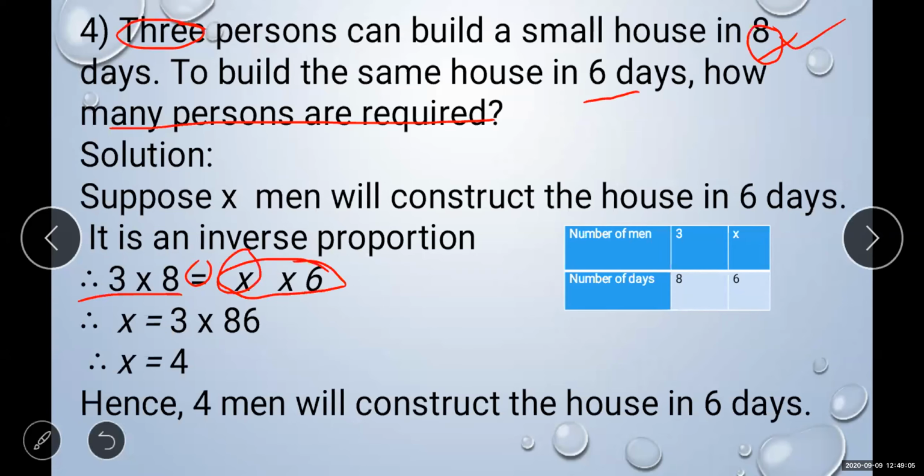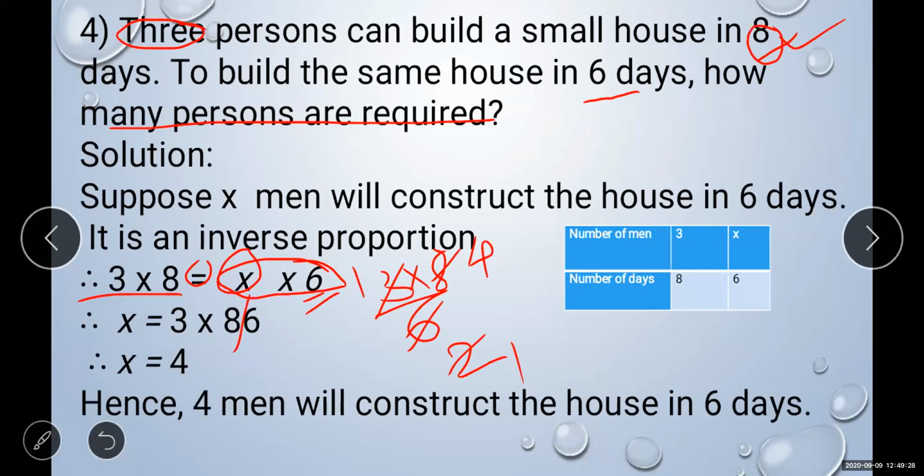Keep it as it is, and just look here: 3 into 8, and this 6 is in multiplication, so it will be in division. 3 ones are 3, 3 twos are 6, 2 ones are 2, 2 fours are 8.